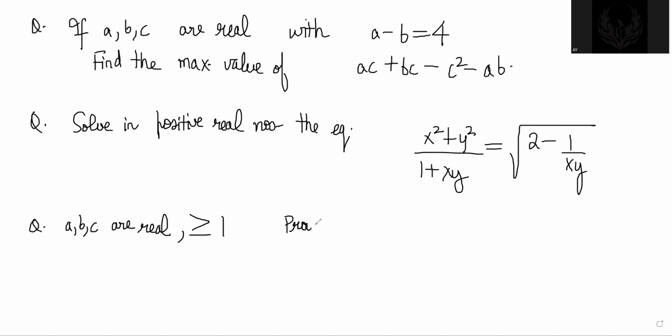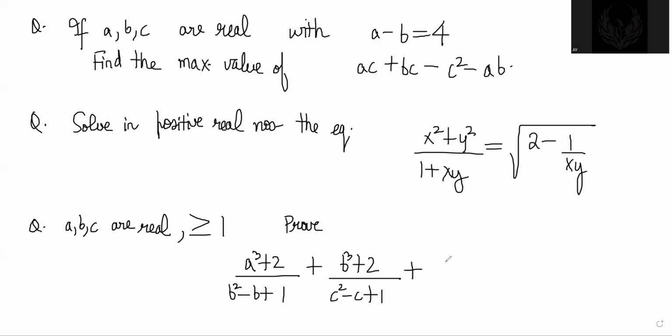Prove a cube plus 2 by p square minus p plus 1 plus b cube plus 2 by c square minus c plus 1 plus c cube plus 2 by a square minus a plus 1 is greater than or equal to 9.